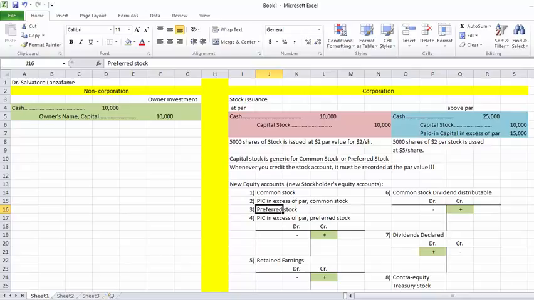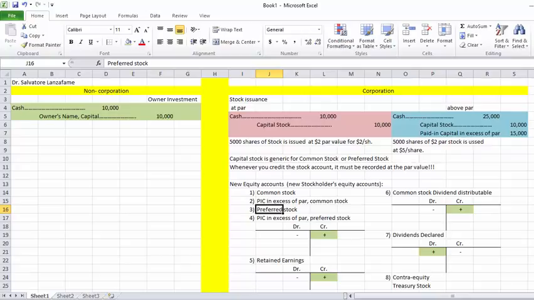So if you sell stock above par, like you see in the blue, then you still would credit that stock at par. You debit cash for the total amount, and now you involve a sidekick account called PIK in excess of par. And I basically abbreviated the words paid in capital to PIK. So we would need a PIK account every time you go above the par value.